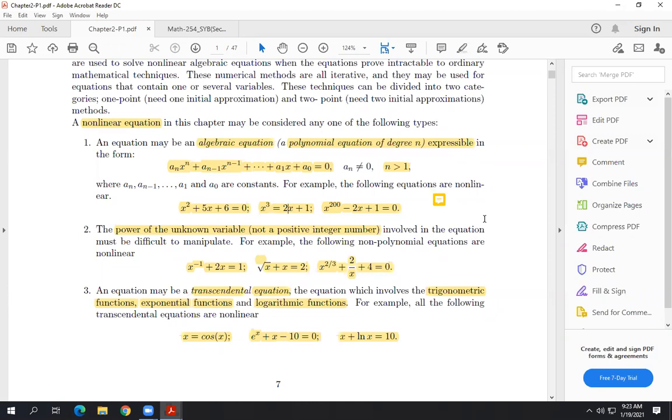We only need the location. So this is the way. We have the location, but the location must have a root. If the location has no root, of course, it is useless. So it means we are blind. We must first be guaranteed that a root is inside the interval or not.